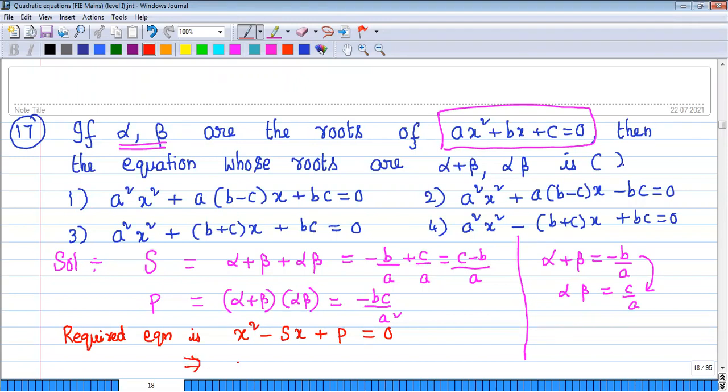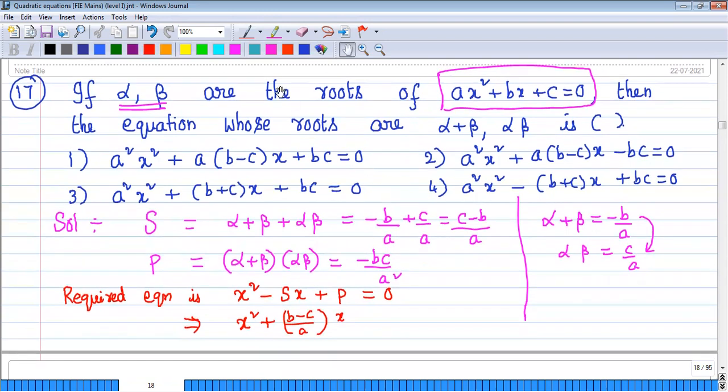So that is x square minus of minus of c minus b, that we can write plus b minus c upon a into x plus the product of the roots, minus bc upon a square, equals to 0.